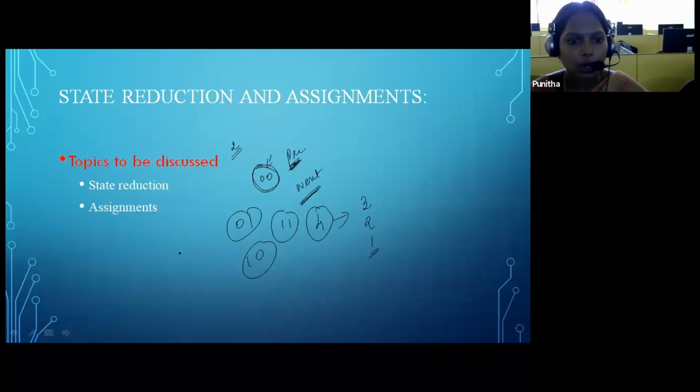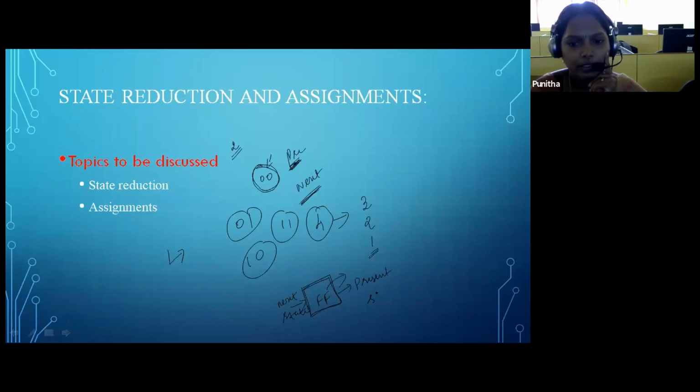The more we reduce the states, that will lead to a reduction in the number of flip-flops. This is the flip-flop. It holds the value in it. The input which is passed to the flip-flop is called the next state, and what the flip-flop produces is the present state.